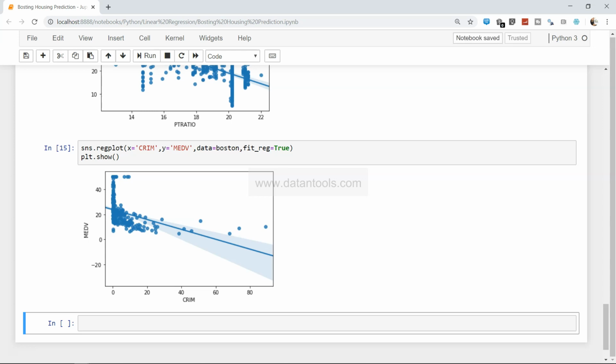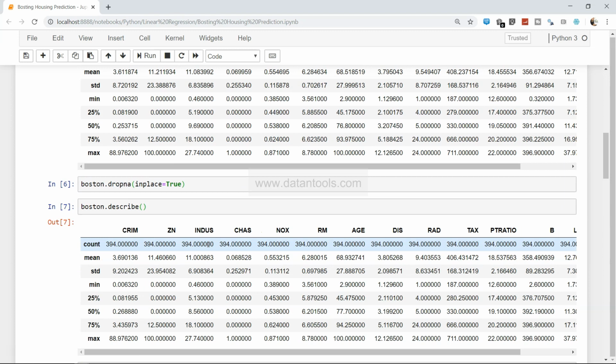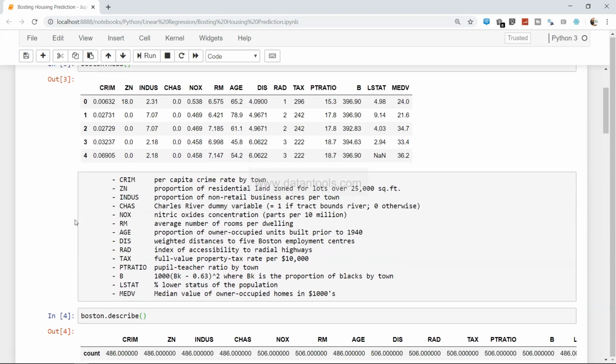So that's about the relationships that exist with some of the important variables. However, it is always beneficial to check all the different variables.